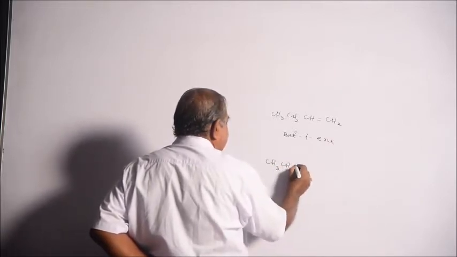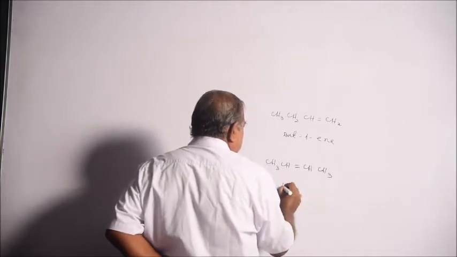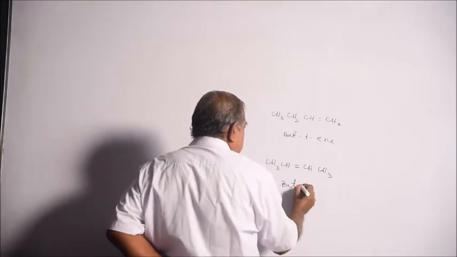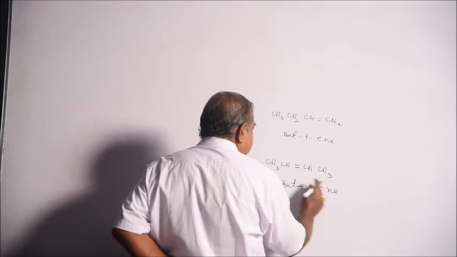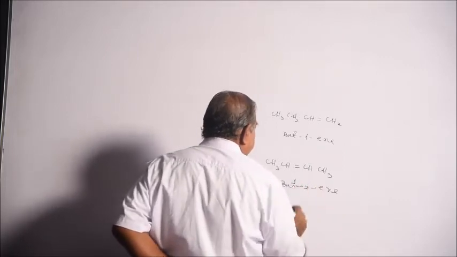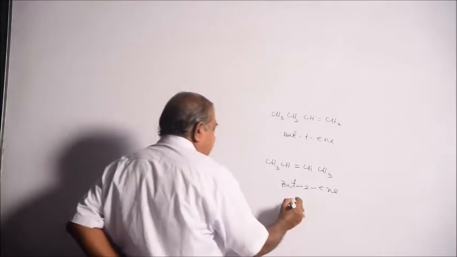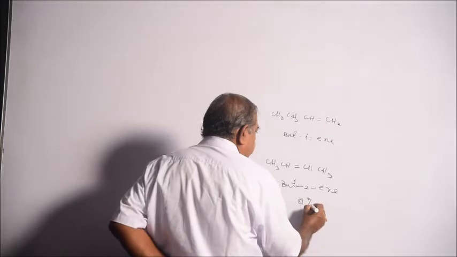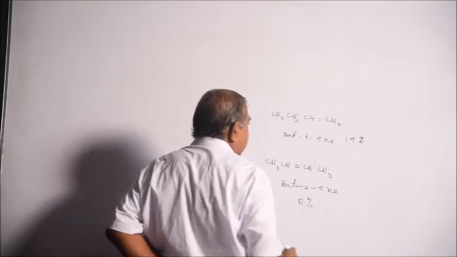Also there is a chance that you can get 2-butene. Both products will be formed, but so far as Saytzeff's rule is concerned, you will get 2-butene about 81% and 1-butene, this is 19%.